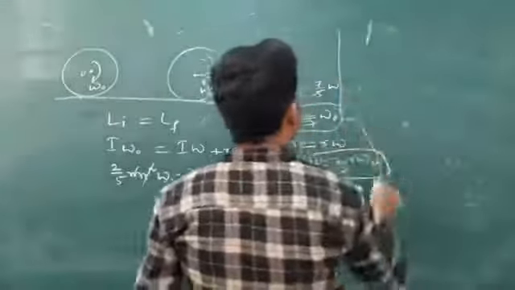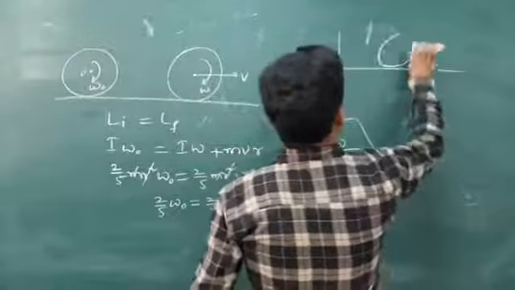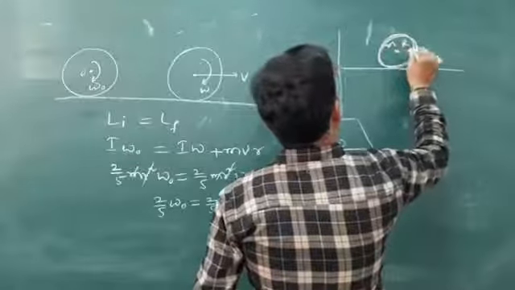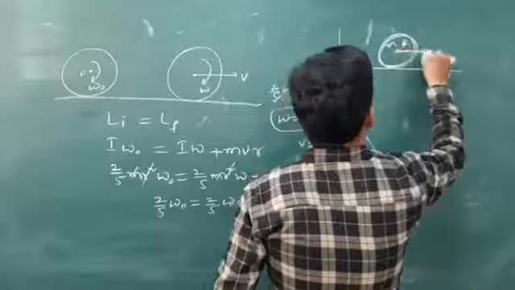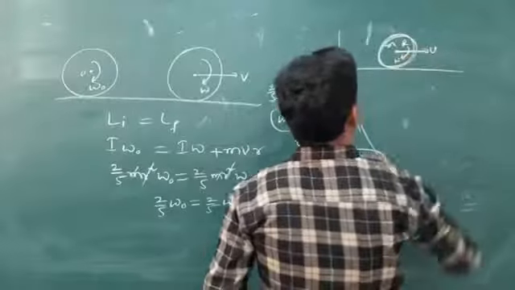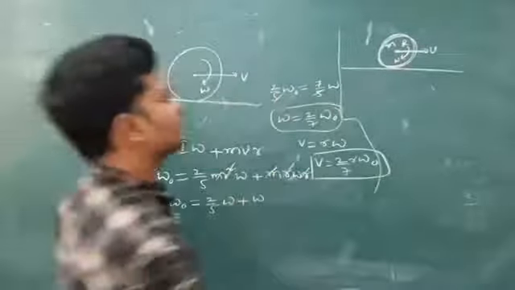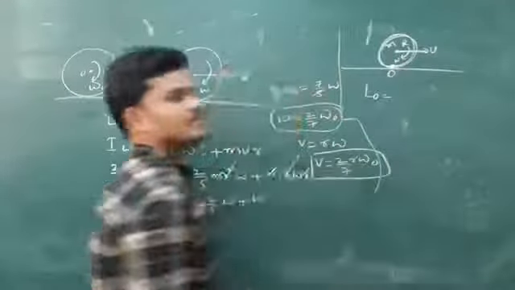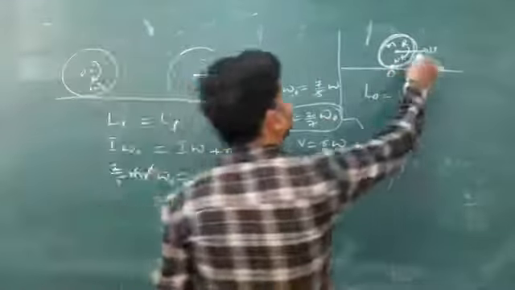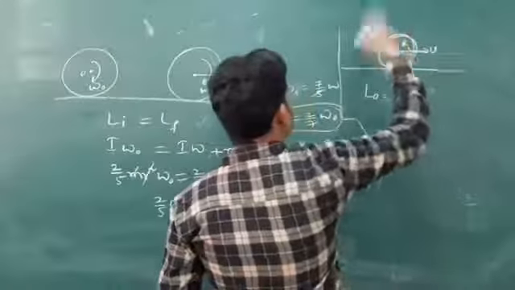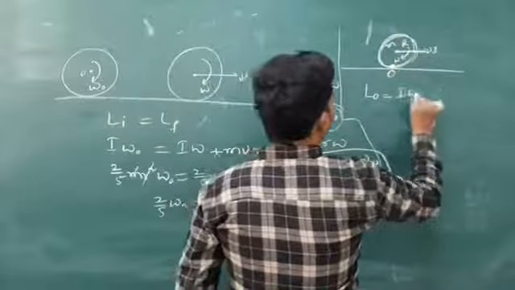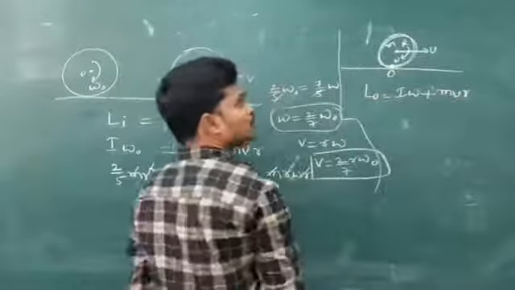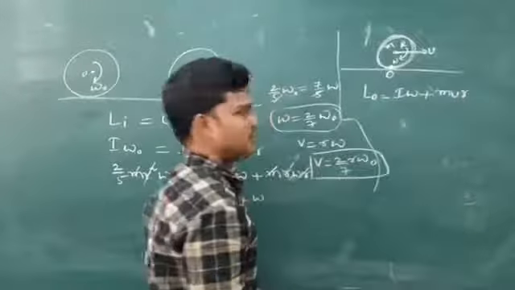For suppose in the same manner, if they given like this, there is a disc whose mass is m, radius is r, which is moving with speed v and rotating with angular speed omega. If they ask you to find total angular momentum at its bottom, about this one, then we can write directly due to translational speed mvr, due to rotational speed I omega. So I omega plus mvr. Okay, if it is considered as pure rolling, then you can substitute v as r omega. Otherwise, no need.